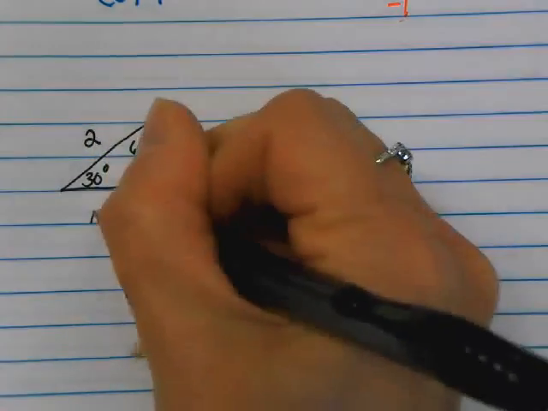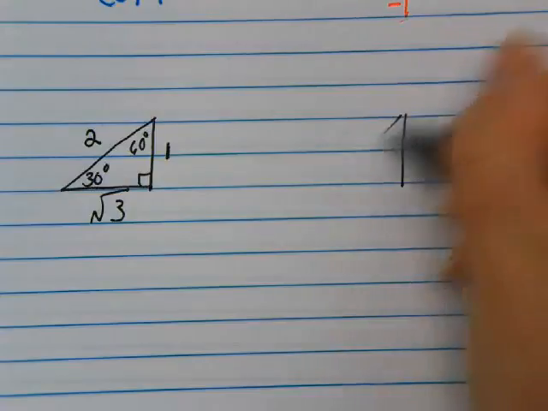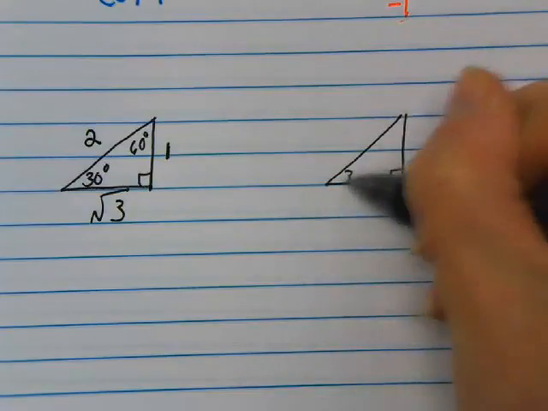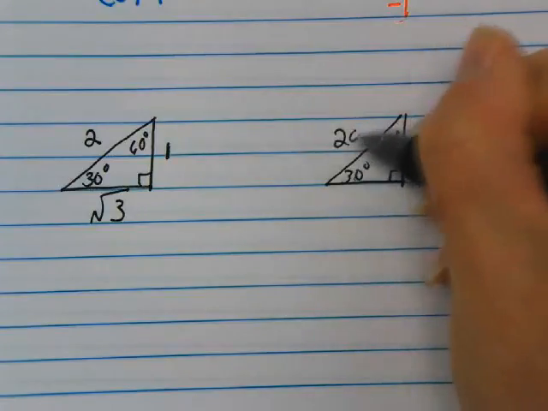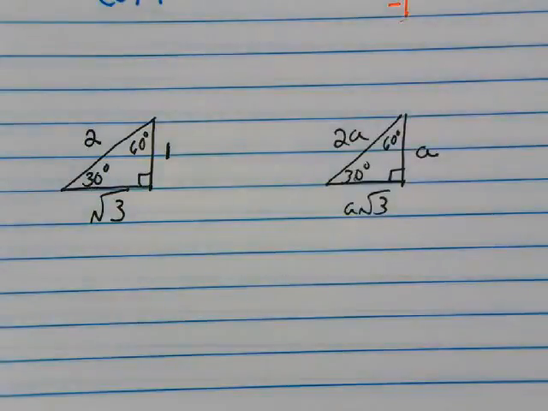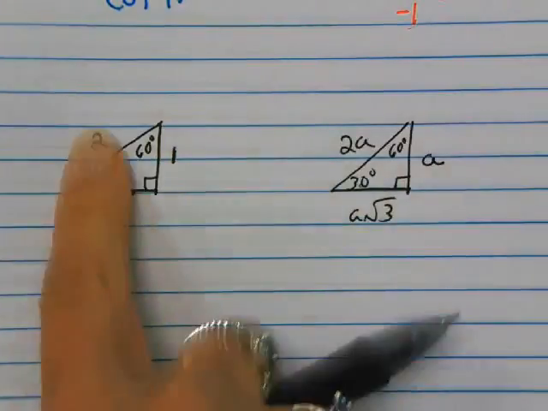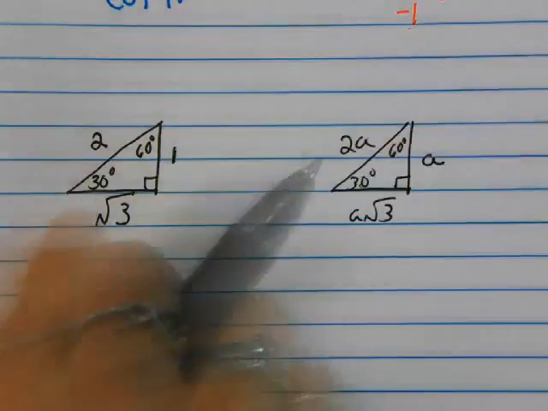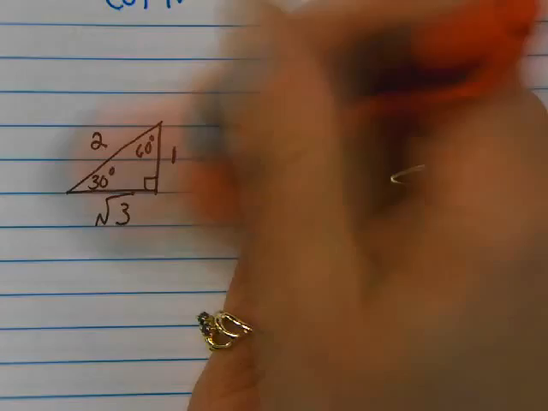If you had me for geometry, I would have taught it as A, 2A, A square roots of 3. But for right now, let's pretend that A was 1, okay? And I want to look at this triangle. So focusing just on this triangle, let's go back and do some old school geometry.